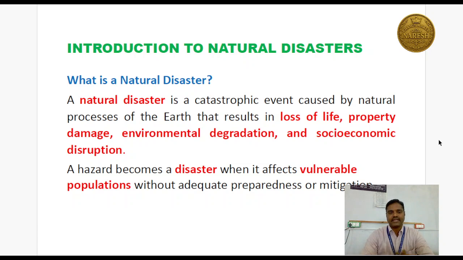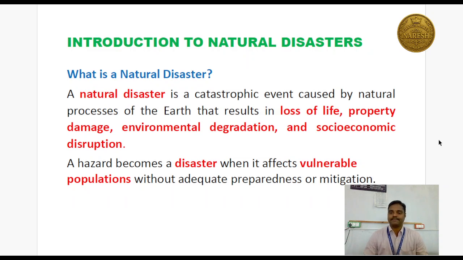A natural disaster is a catastrophic event caused by natural processes of the earth that results in loss of life, property damage, environmental degradation and socio-economic disruptions. If it is damaged totally, it is called a natural disaster. A hazard becomes a disaster when it affects vulnerable populations without adequate preparedness and mitigation.